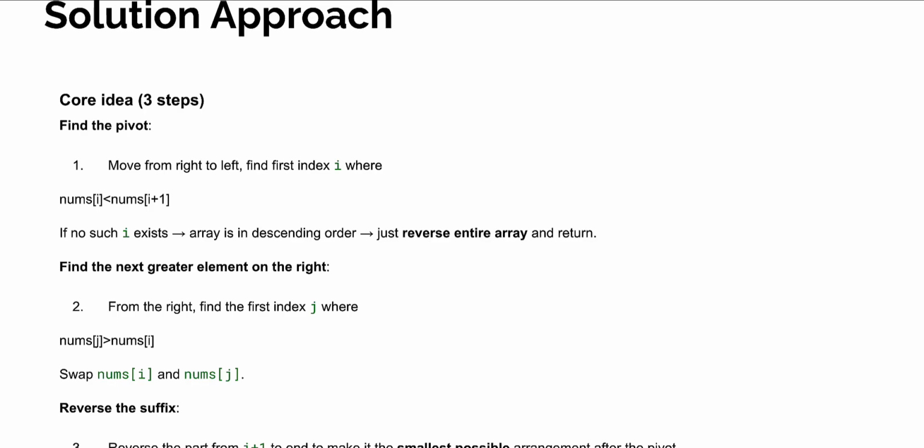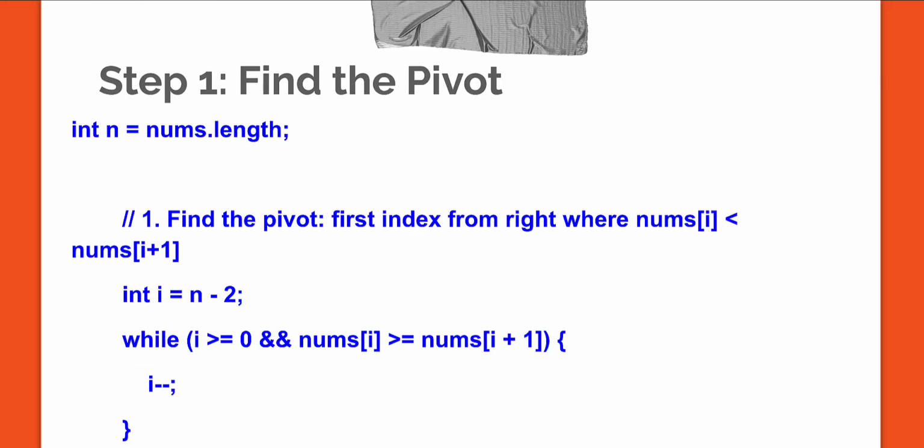Then, from the right, find the index j where nums of j is greater than nums of i, swap the numbers at i and j, and then reverse the suffix, the part from i plus 1 to n minus 1. If there are only 3 elements, this is not really applicable, but we can have more than 3 elements in an array.